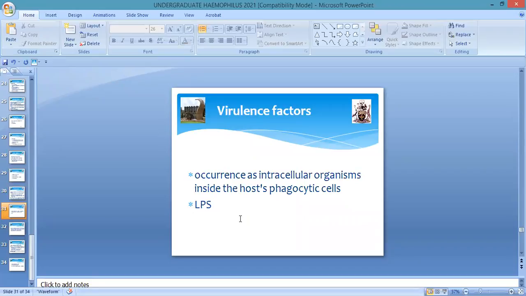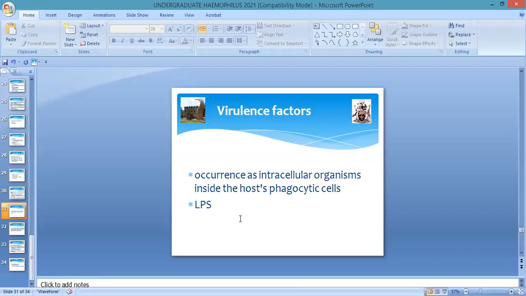In terms of virulence factors, we have the presence of lipopolysaccharides, which is usually resistant to intracellular killing by the neutrophils, and that's why it's a very key virulence factor.